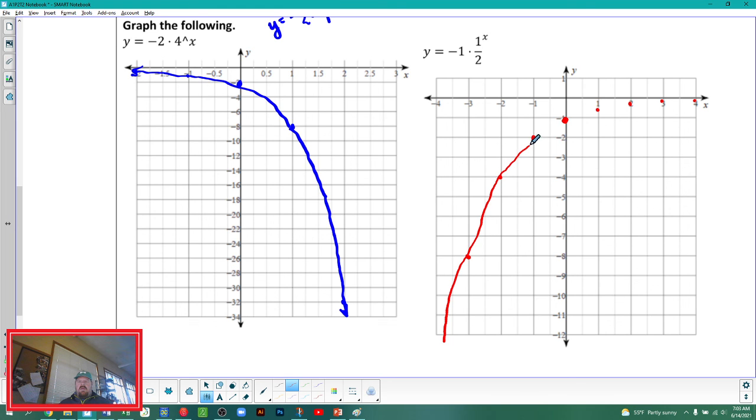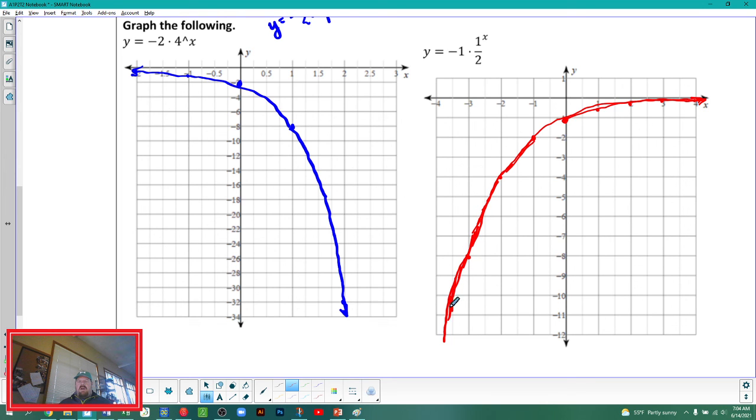A little inconsistency there. That's okay. I would have to flatten out just a little bit. There we go.